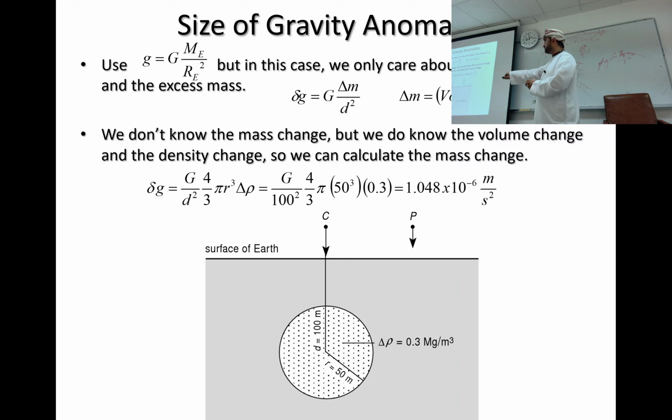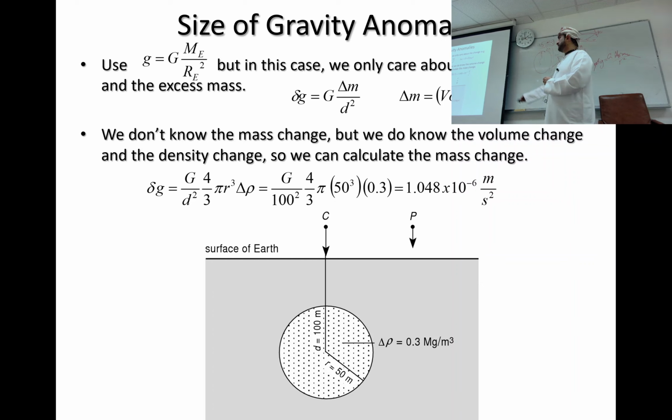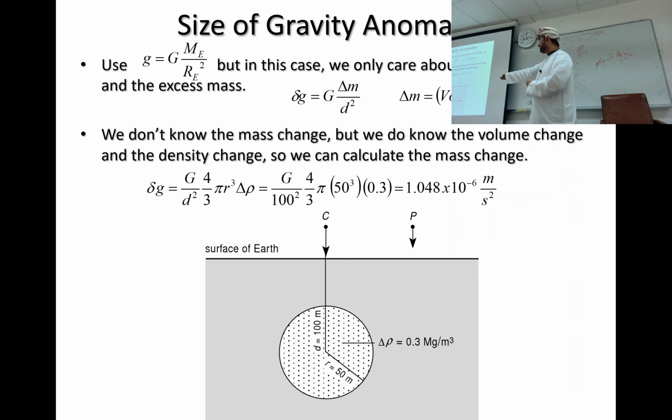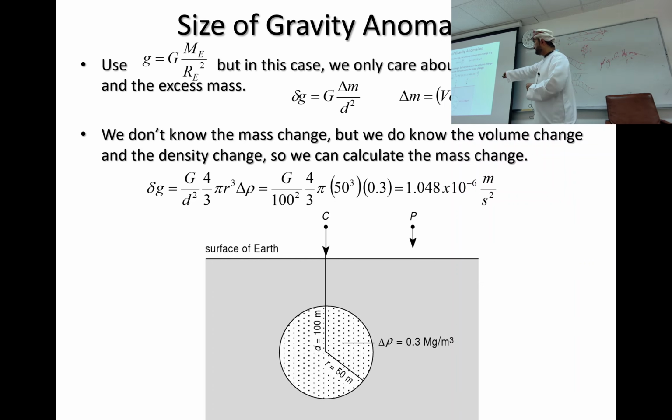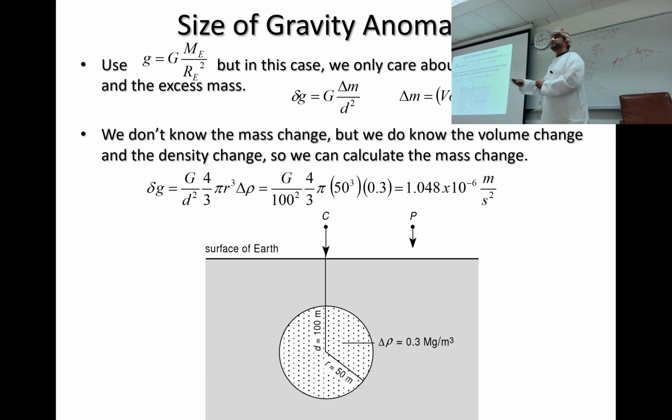That's the conversions we do. So instead of R, we use D. And the other part is what? 4/3 pi R cubed is what? Volume times change in density. We plug in all the numbers. The numbers are given. That's the value. That's the change I get.